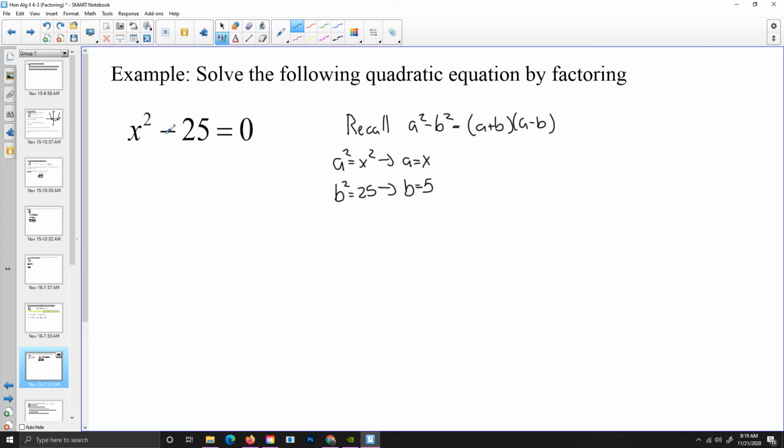So this particular factoring expression is going to be x minus 5 times x plus 5 equal to 0, and since we're asked to solve this particular quadratic, we're going to make each of the factors equal to 0. So 5 makes this factor equal to 0, and negative 5 makes this factor equal to 0. So x is equal to negative 5 and positive 5, and that is our solution.